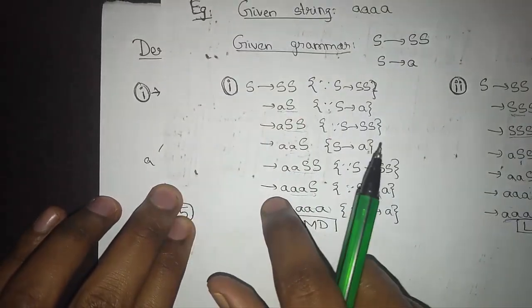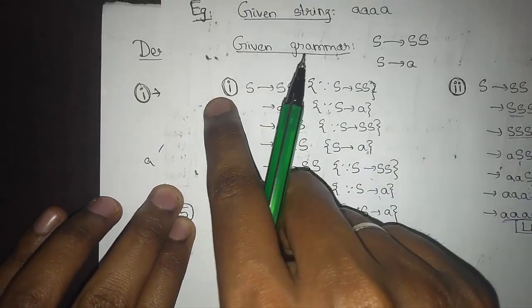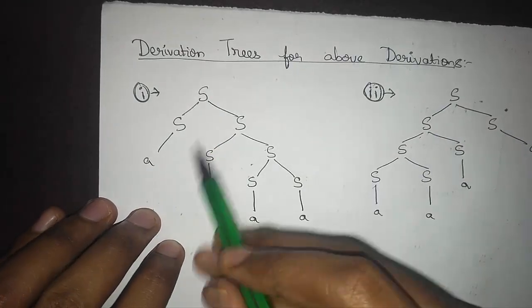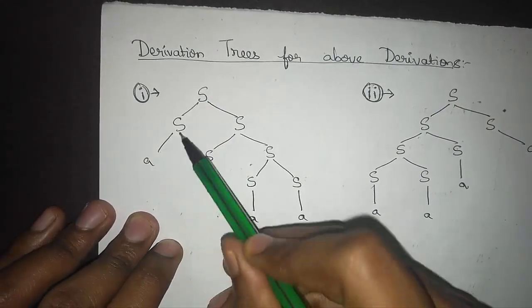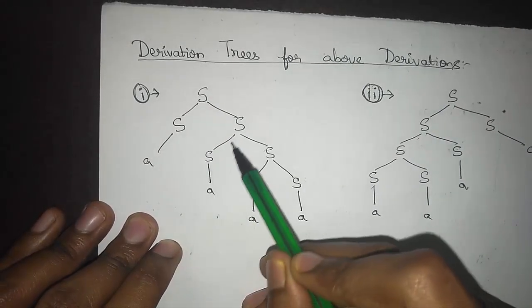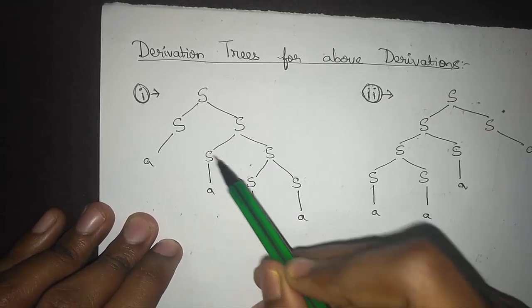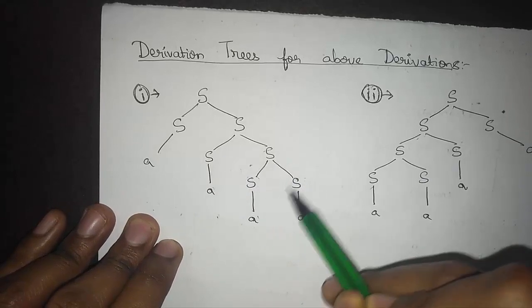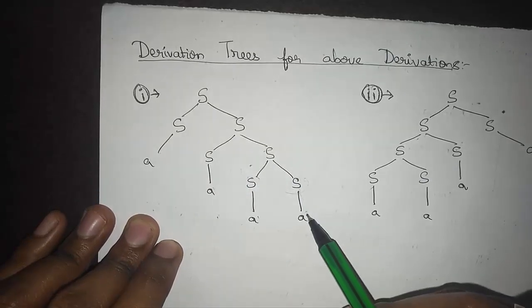This is the first LMD, leftmost derivation. For this we have the tree generated like this, where the leftmost S is changed to produce A, and then we expand S, and again the leftmost S is changed to A, and then here A, the leftmost, and then the last S is produced to A.